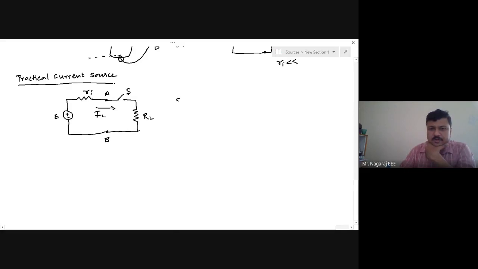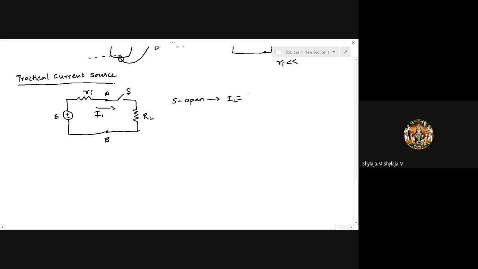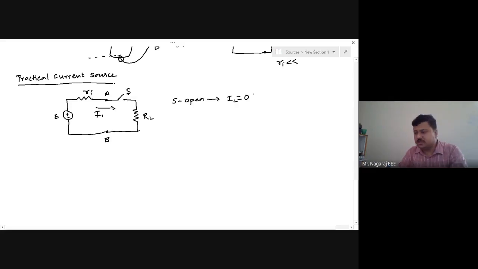When the switch is open, what is IL? 0, sir. 0, because there is no closed path. So therefore the current becomes 0.